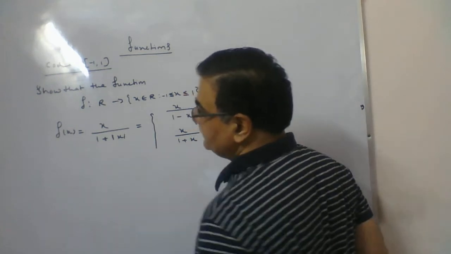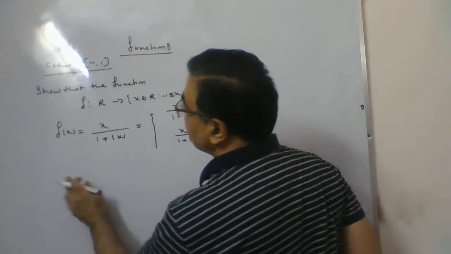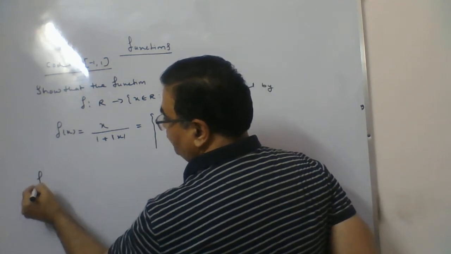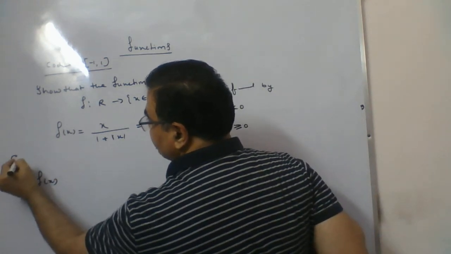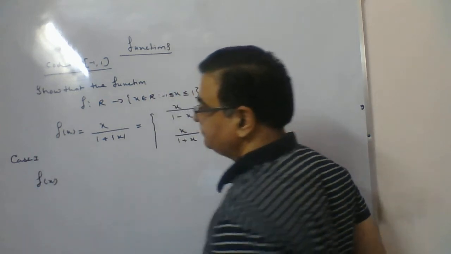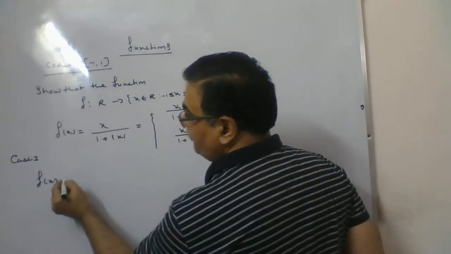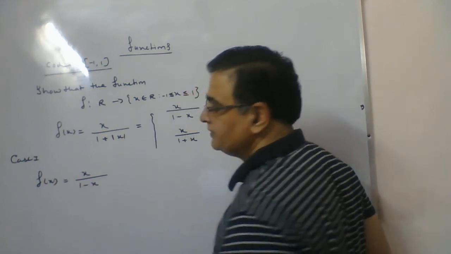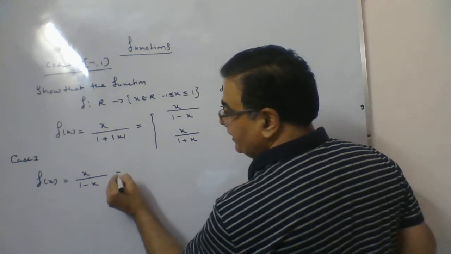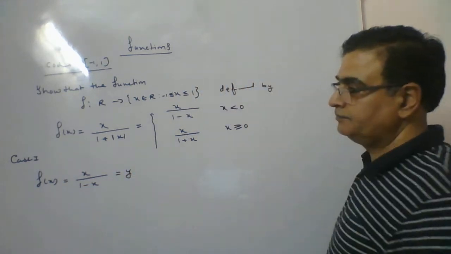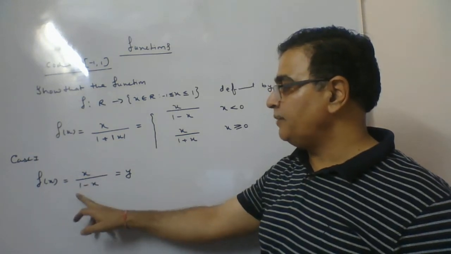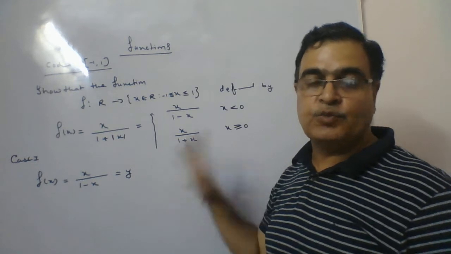Here in this case, we start with case number 1. f(x) is x by 1 minus x, which we'll take as y.